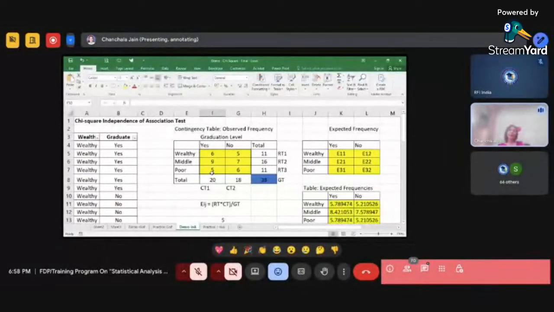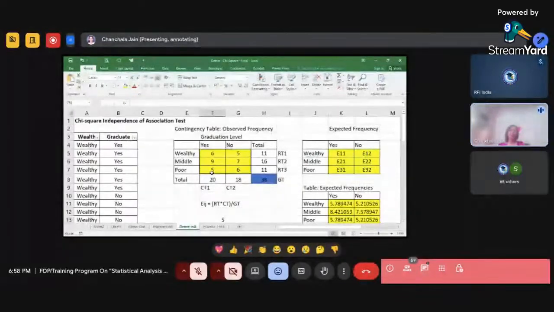We will have the data available with us. We can prepare a contingency table because we are talking about Excel. Usually in other software, we do not need to do this exercise. But in Excel, you need to prepare the contingency tables for both observed and expected frequencies. Firstly, you prepare the observed frequency table, and using that table, you calculate your expected frequencies. The formula to calculate expected frequency is row total multiplied by column total divided by grand total, right?